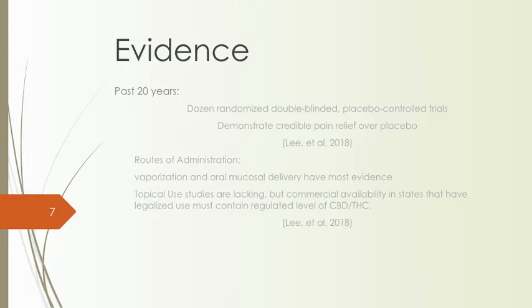Topical use studies are lacking, but there is commercial availability in states that have legalized, which at this point I believe is most states, and these substances must contain a certain level of CBD and THC. Those are somewhat regulated, not by the federal government, but on a state basis.